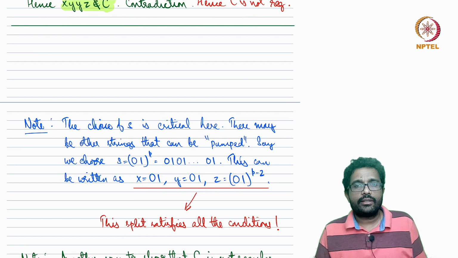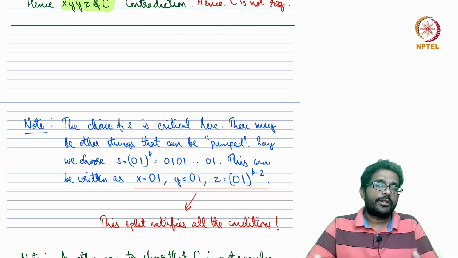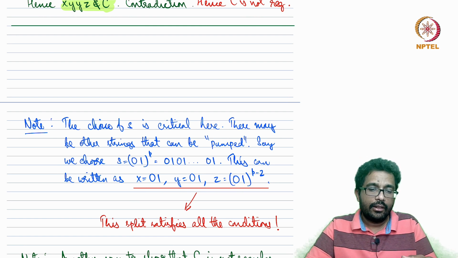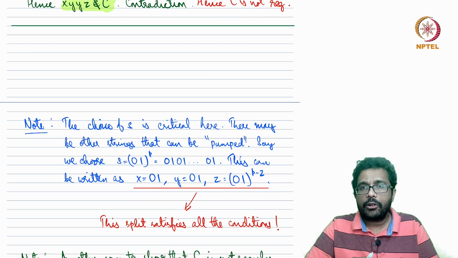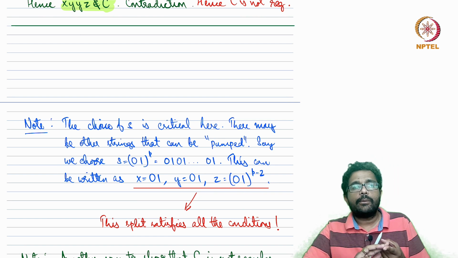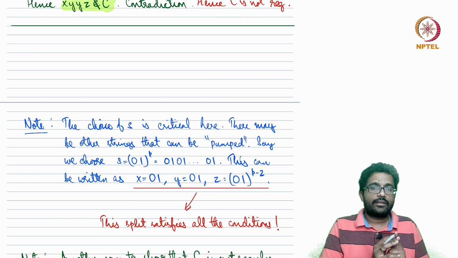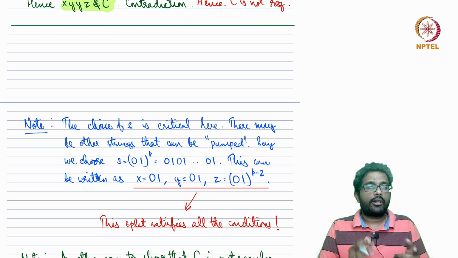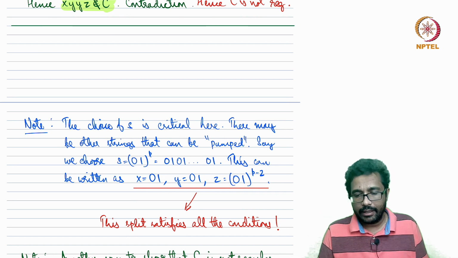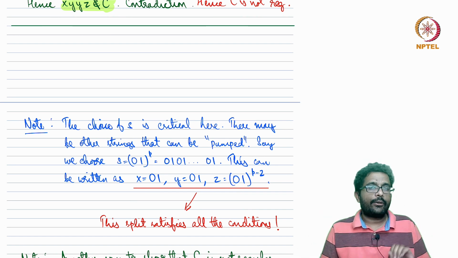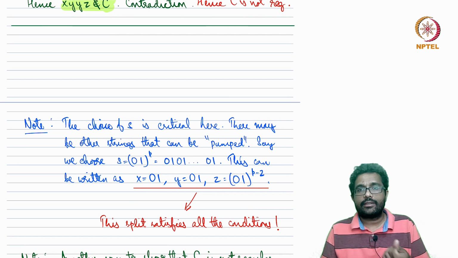In fact, you cannot show that a language is regular using the pumping lemma. To show that a language is not regular, we just need to demonstrate one string that cannot be pumped. However, to show that a language is regular, it is not enough to show that some string can be pumped. So to show that a language is not regular, you have to carefully choose a string.